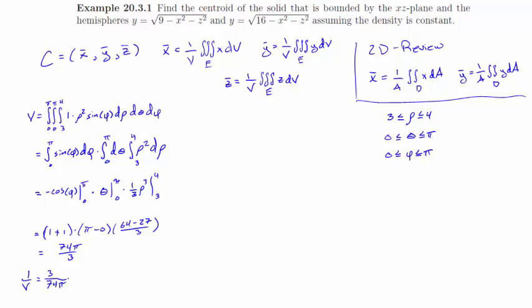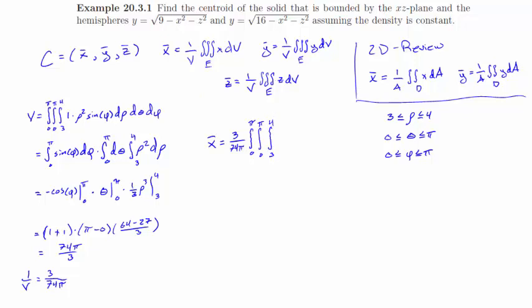So we then want to do the x average. So x bar is going to equal 3 over 74 pi over our triple integral from 0 to pi in the phi direction, from 0 to pi in the theta direction, from 3 to 4 in the rho direction.